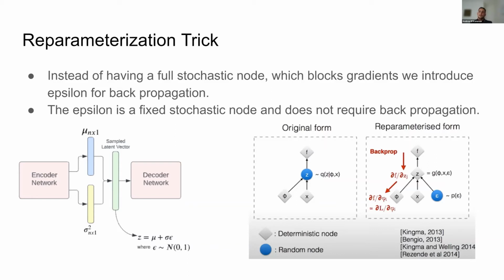We separate our random node by using epsilon, which is a fixed stochastic node, thus moving the randomness from Z into the epsilon value, which is then used to create the latent vector Z. This allows the network to use backpropagation on the standard deviation and the mean of what we're trying to learn as far as the latent vectors that describe our network.